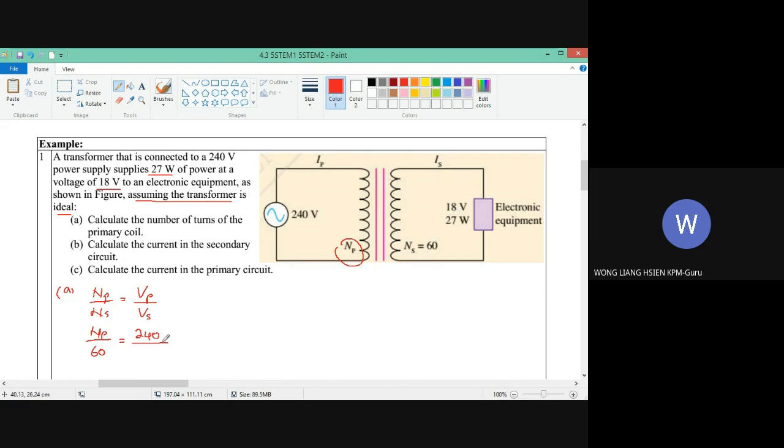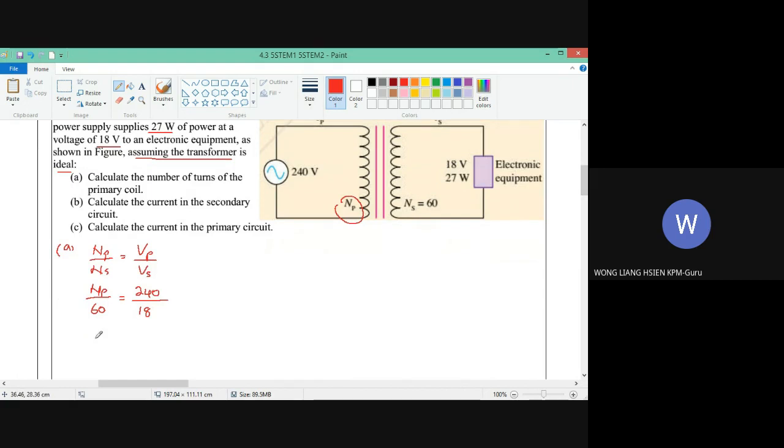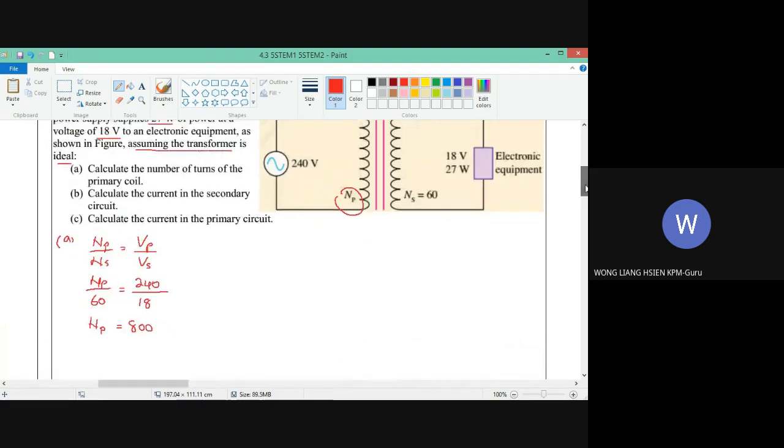So the number of turns in primary equals 800 turns.